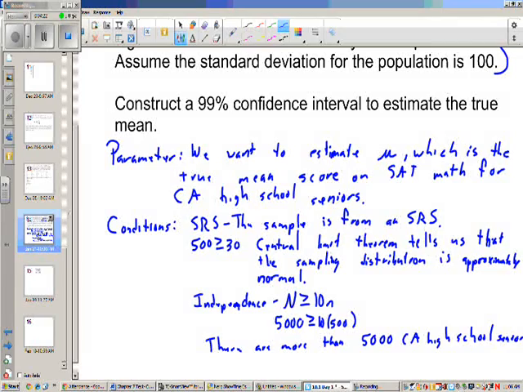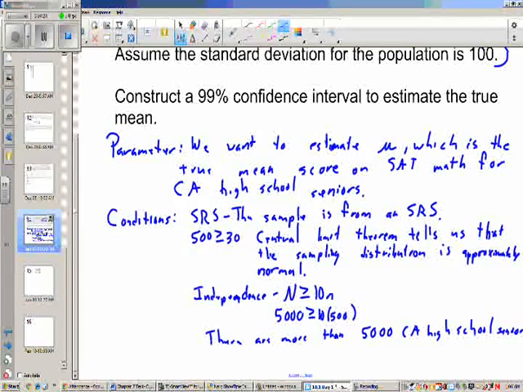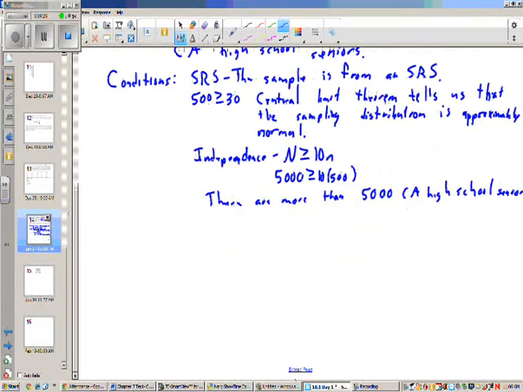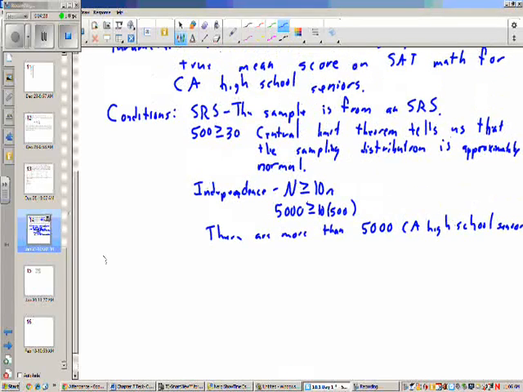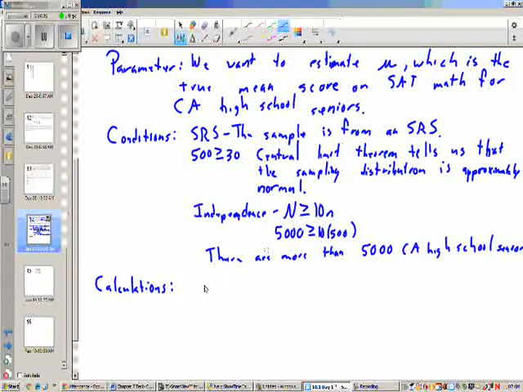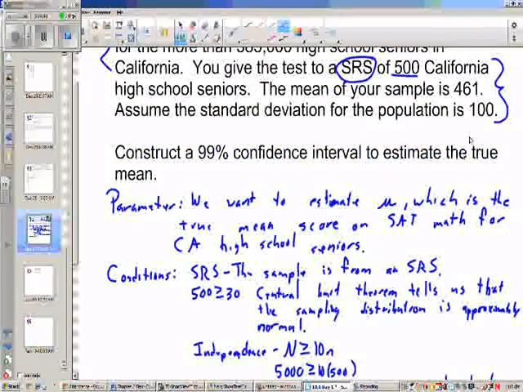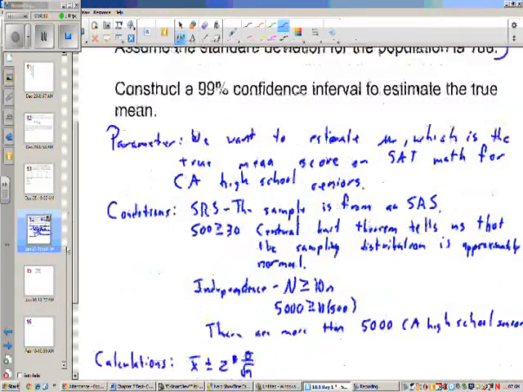All right, now that we have the conditions and the parameter taken care of, now we can worry about the calculations. The calculations, we want to look at our mean and add or subtract our z star times our standard deviation or standard error. Now the mean of our sample is 461.